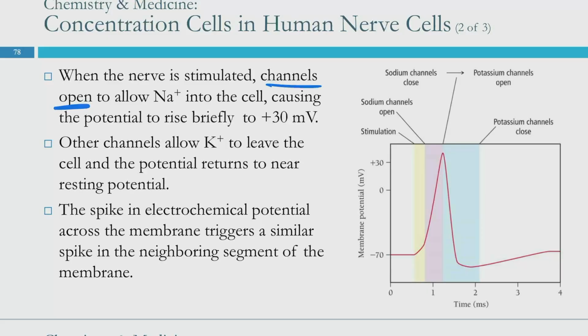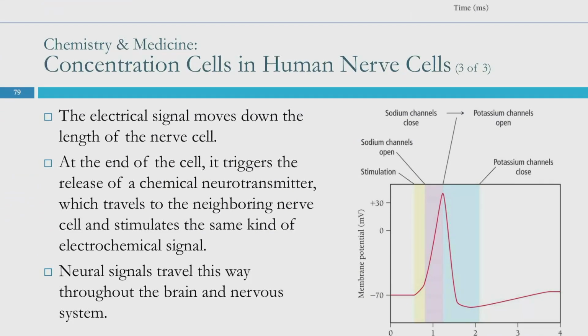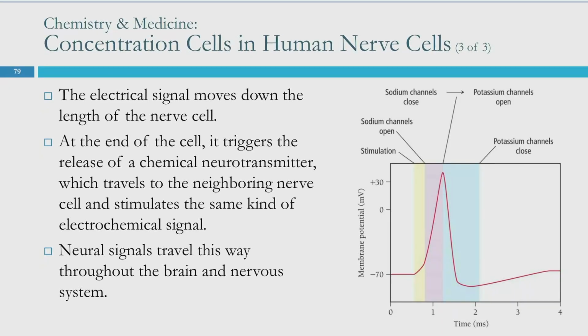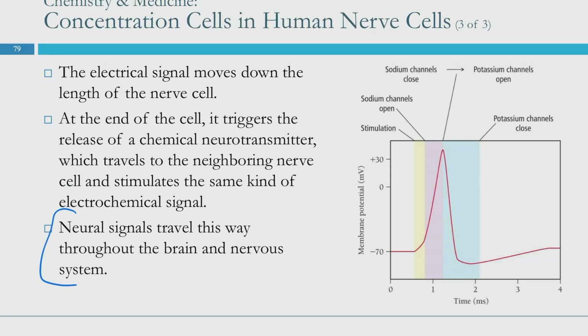So you get this little spike in your electrochemical potential, a little bit of electricity in your cells. And when that occurs, that can trigger a nearby cell, and it just kind of moves its way down the line with these ions passing between these sodium and potassium channels. So your body can send nerve signals all throughout the rest of your body using processes like this.